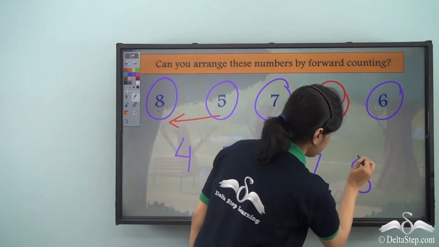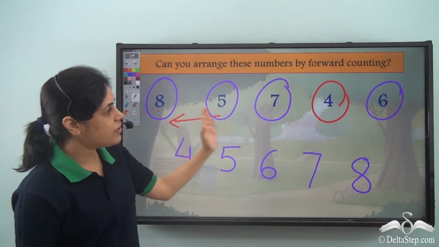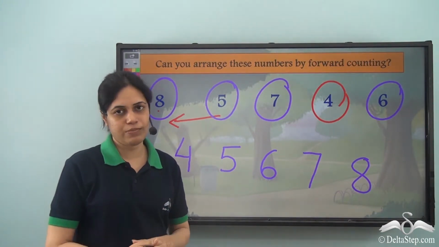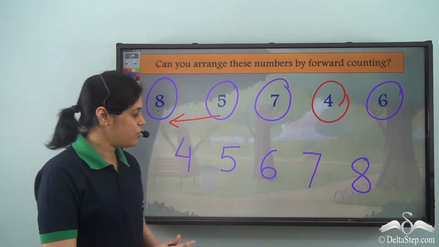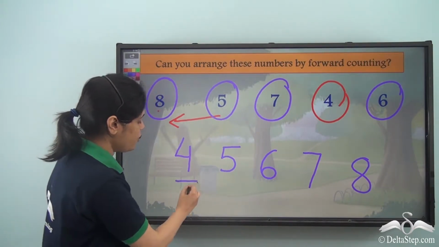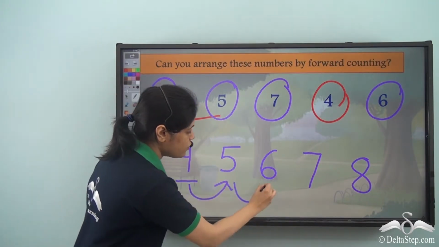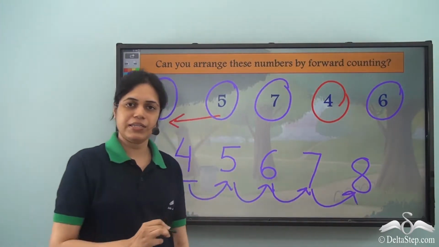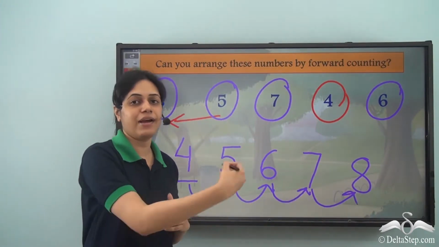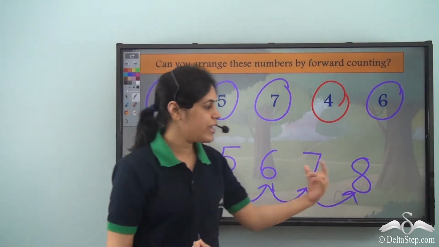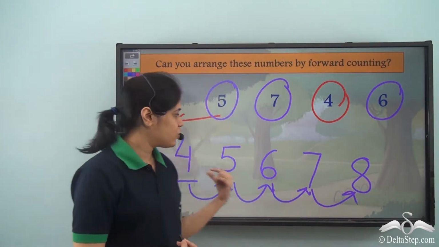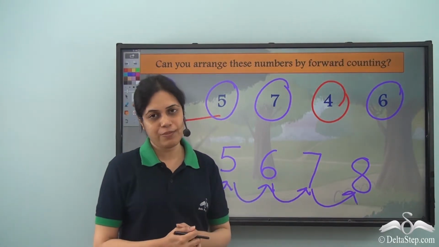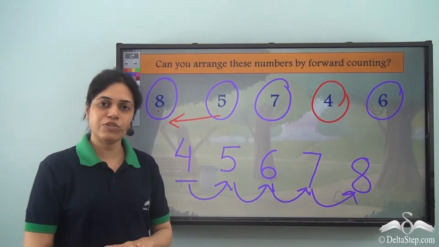So we write 8. Have we covered all the numbers? Well, yes, we have covered all the numbers. So we will stop now. So starting from 4, we used forward counting, that is moving one step ahead, just one step ahead and move to 8, right? So this is how we can arrange a given set of numbers by forward counting.